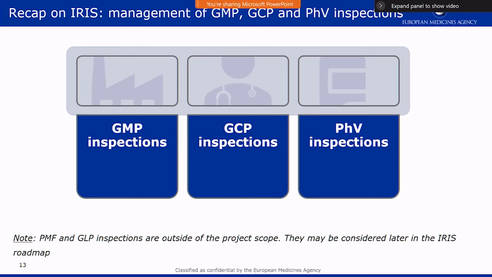You may know that at EMA we also manage other types of inspections, for example PMF, plasma master file, and GLP inspections, so good laboratory practice, but they are outside of this project and therefore they are not onboarded in IRIS. So if any of your companies is involved in any of these inspections, just bear in mind that we will continue with the current practice outside IRIS. They may be considered later in the IRIS roadmap, but for the time being, they are excluded.